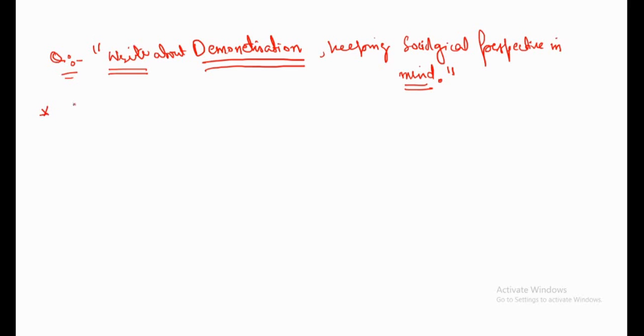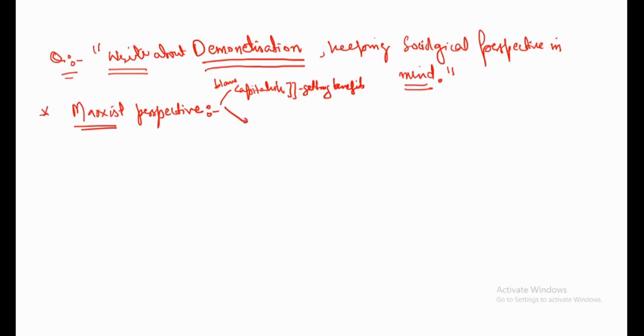So let's first talk about Marxist perspective. As I already mentioned, in Marxist perspective you will put all the blame on capitalists, and you will say that capitalists are getting all the benefits, and that the poor are being exploited.